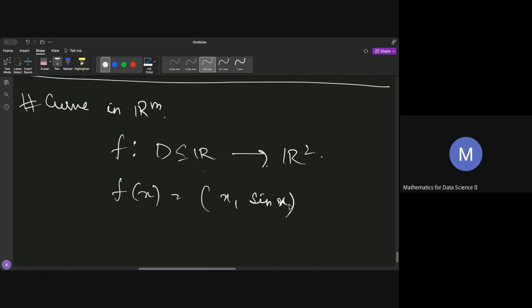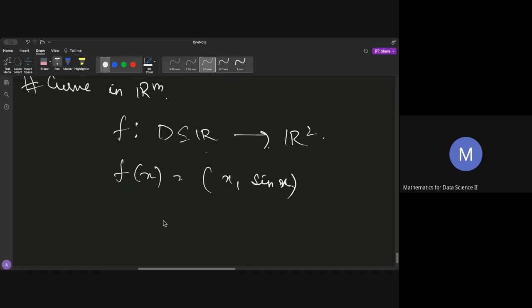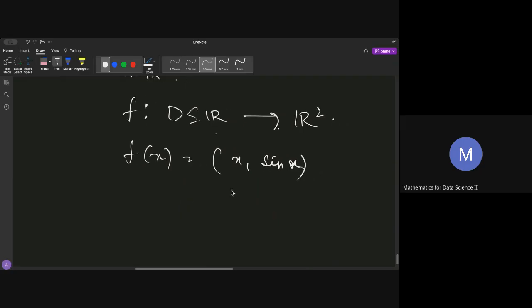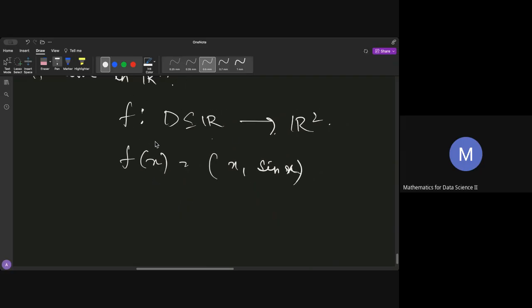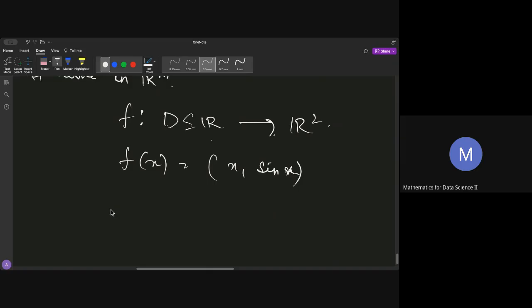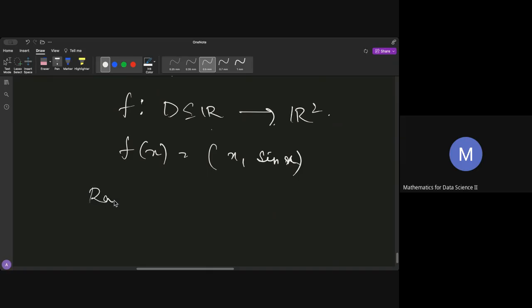I can take this. This is in R2, this is in R. Then the range of this is a curve in Rm, right? So the range of f is called a curve in Rm.